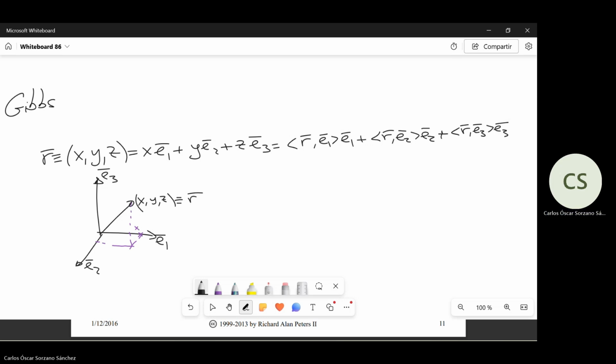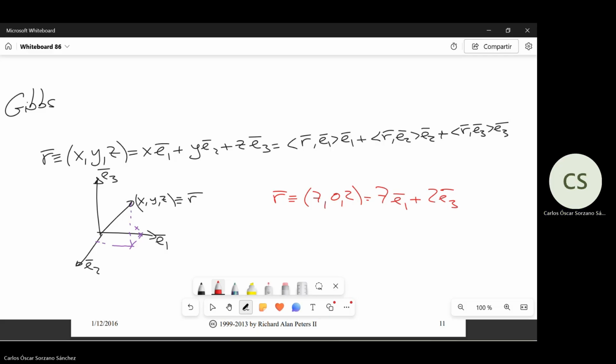Okay, and now let's think of a particular vector. Let's think of the vector r equal to 7, 0, 2. Okay, so that is 7 times E1 plus 2 times E3.